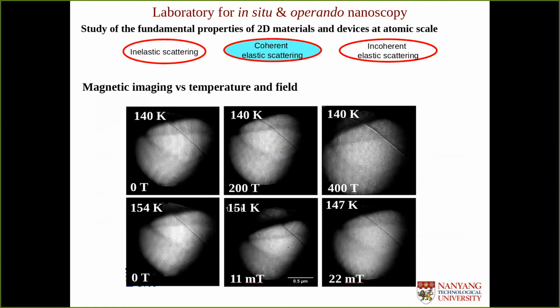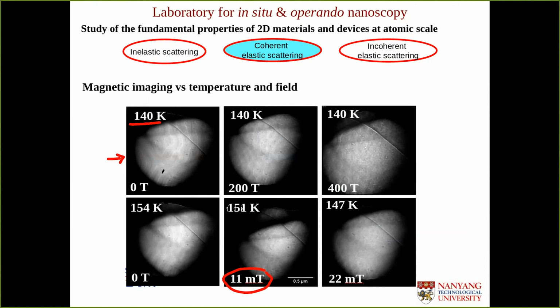So what we can do on 2D materials, on this FGT material, is take a Lorentz image, which is sensitive to the magnetic domains. Depending on the temperature at which we record the image, or the magnetic field applied while we record inside the TEM, we can have a different magnetic structure.